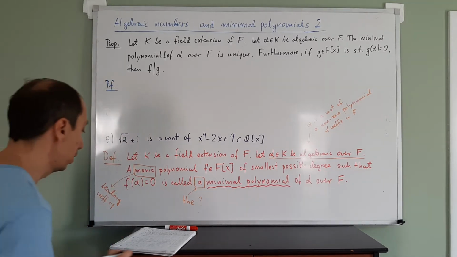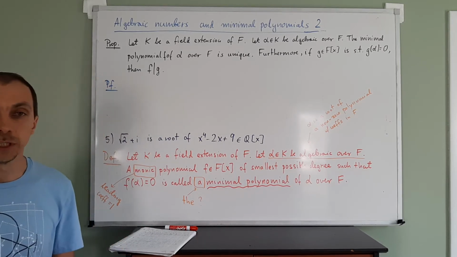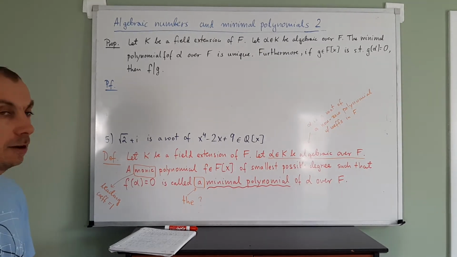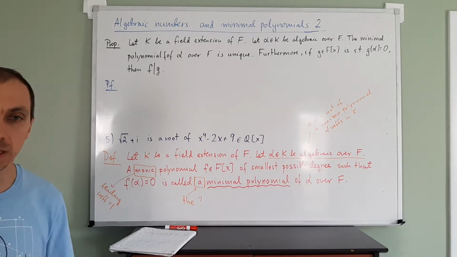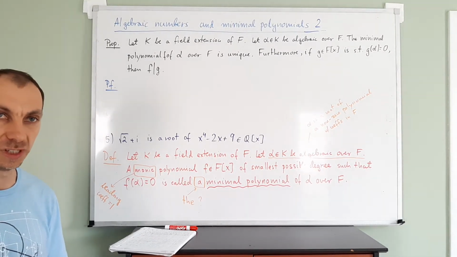Let's prove this proposition. So first, the first part. I want to prove that the minimal polynomial of alpha over F is unique. How do you show that something is unique? Well, one way that works quite often is to assume that there are two such things, and then you show that they're equal.